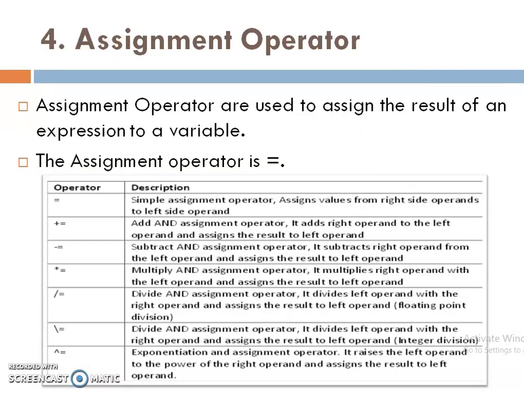Now the fourth operator is the assignment operator. Assignment operators are used to assign the result of an expression to a variable. The assignment operator symbol is a single equal sign. Now this is the symbol of the assignment operator. First is simple assignment, second is add and assignment, then the next operator is subtraction and assignment operator.